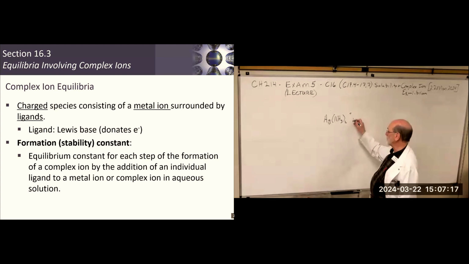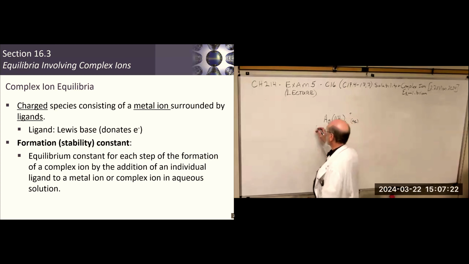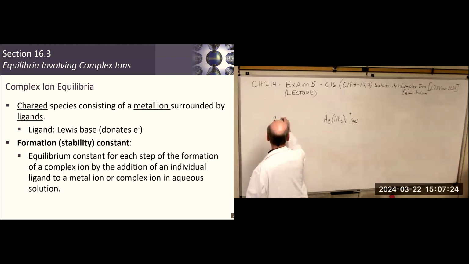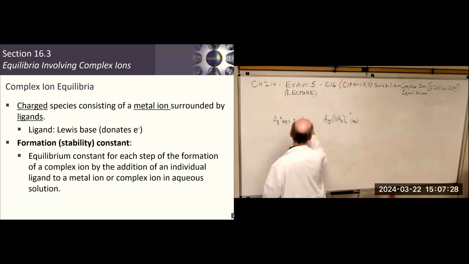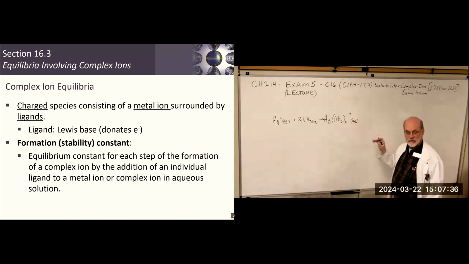And this is soluble. It's also very stable. So we would form it by combining this in solution with 2 ammonias in solution to produce that complex ion. And they're all in solution.